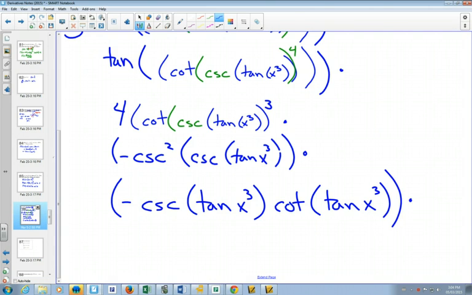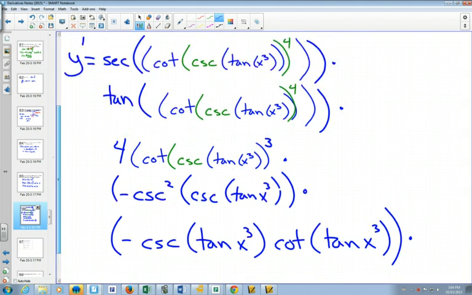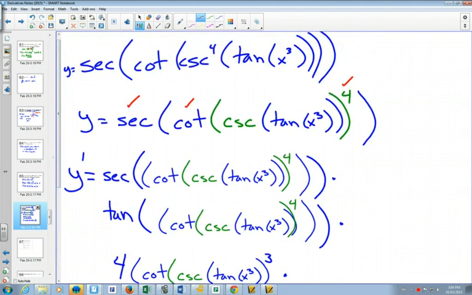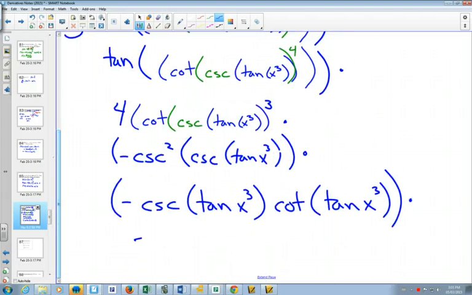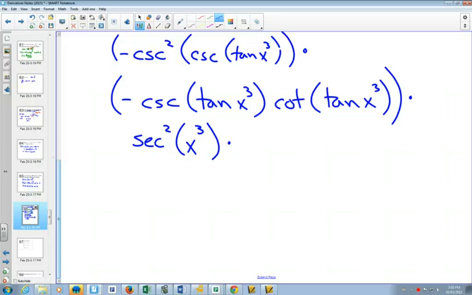All right. Multiplied by, now we've done, if I go back to my original one, I have now completed the cosecant. The next function would be the tan. Derivative of tan, secant squared of x cubed multiplied by 3x squared.